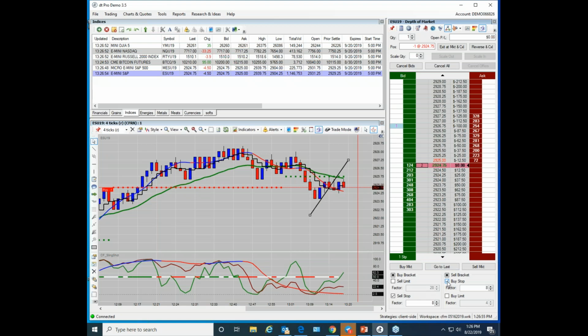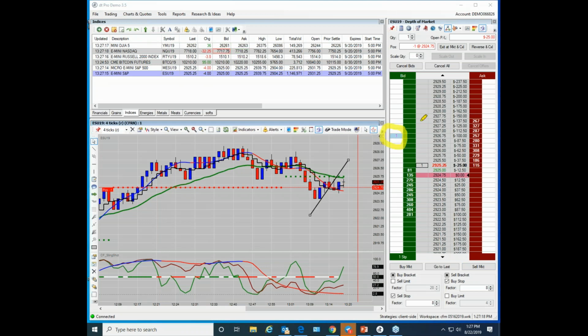So if you select buy stop and sell stop, and you right click over it and put factor in ticks, find buy stop and right click, put factor in ticks, make that factor look like an 8. As soon as you get into the trade, it will put your stop loss 8 ticks behind it.